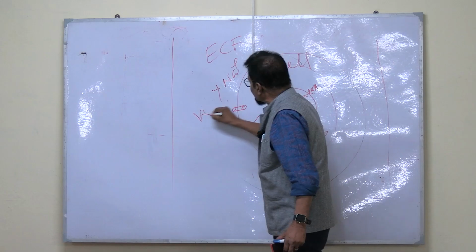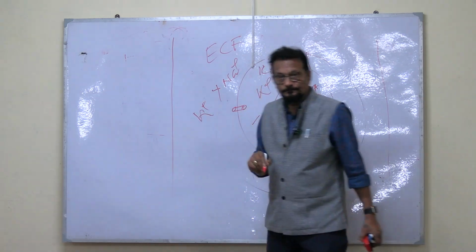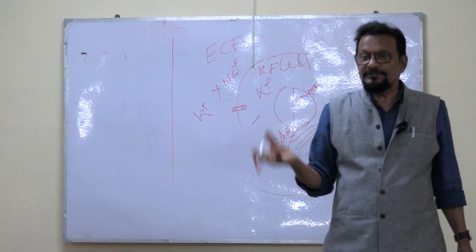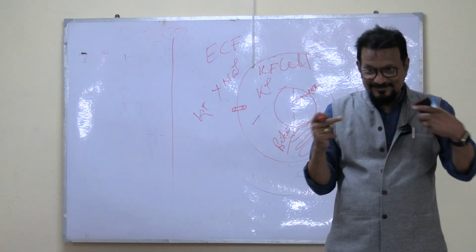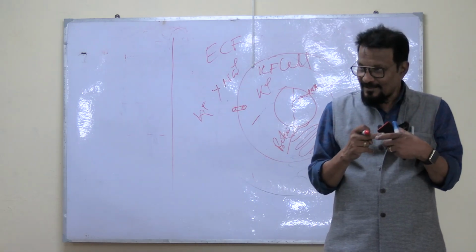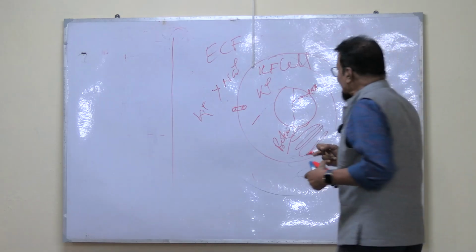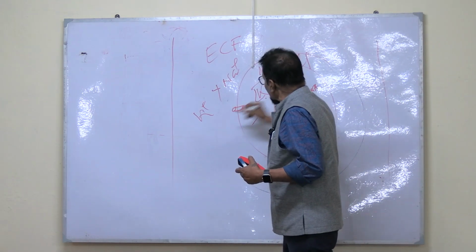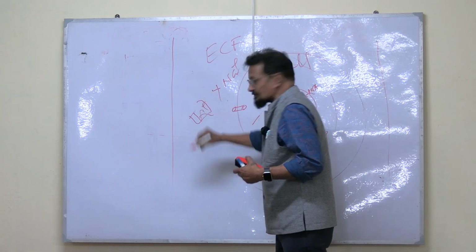Potassium ion is less here, more here. Concentration of potassium ion inside is more, outside is less. So there is a concentration gradient.